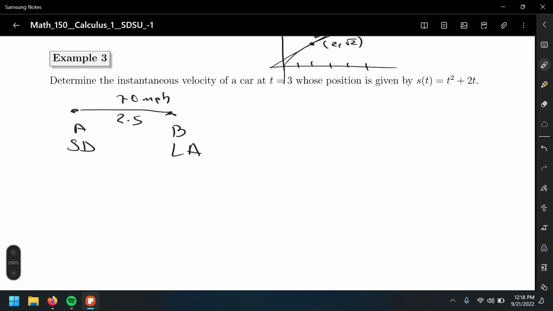I mean, considering there's no traffic, which is not usually the case. Well, this speed right here is the average velocity. It's not the instantaneous velocity, because you will go through different places on the freeway where there's traffic. You'll have to slow down, and then you will be able to speed up when there's no traffic.